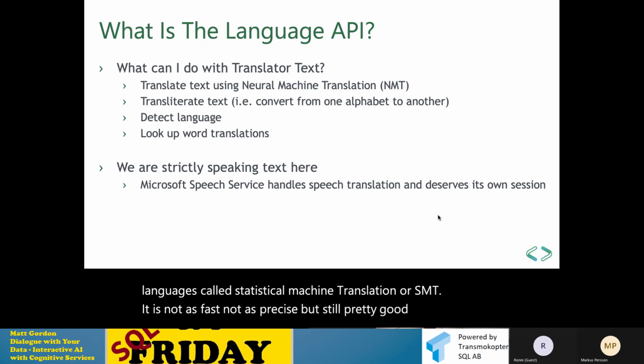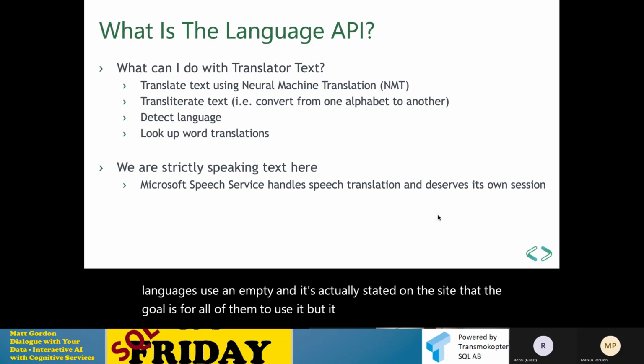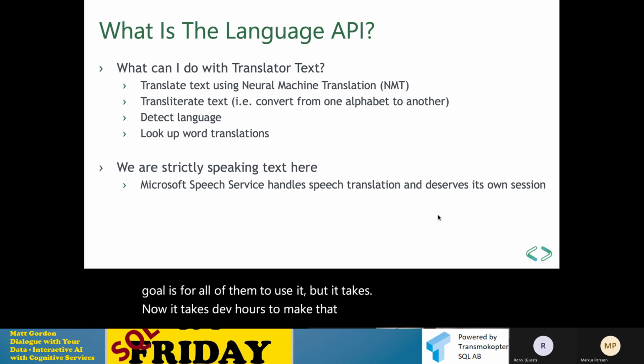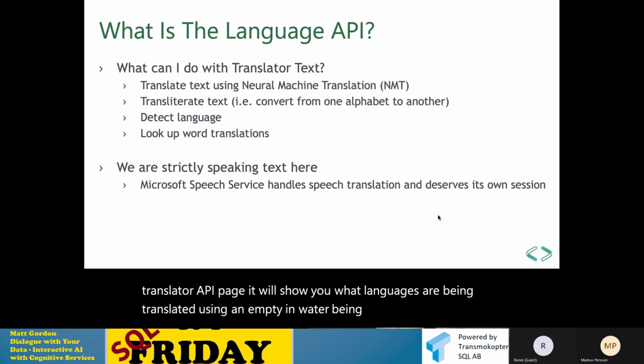The majority of languages use NMT, and it's actually stated on the site that the goal is for all of them to use it, but it takes dev hours to make that happen. But if you go to the translator API page, it will show you what languages are being translated using NMT and what are being translated using SMT.